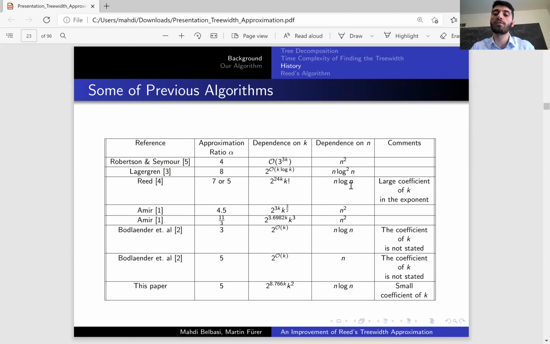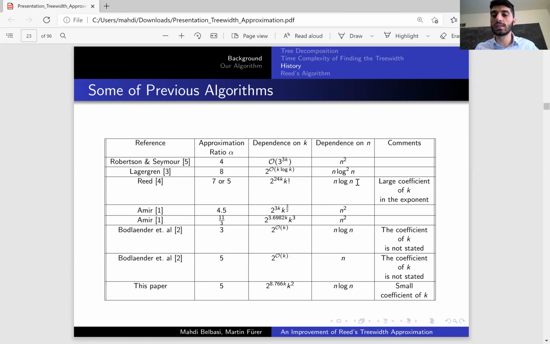So I'm going to focus on algorithms that run in n log n or faster. Lagergren improved it to n log squared n. Oh, by the way, we're only focusing on constant factor approximations, right? So Lagergren gave n log squared n. And then Reed was the first person who gave an n log n algorithm.